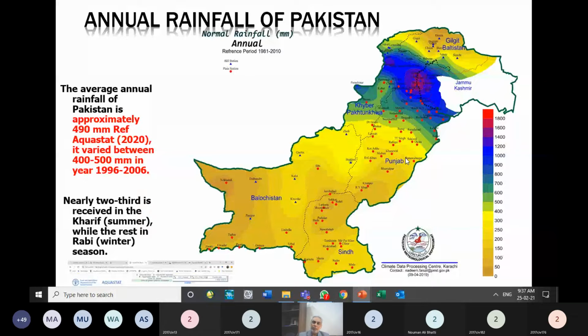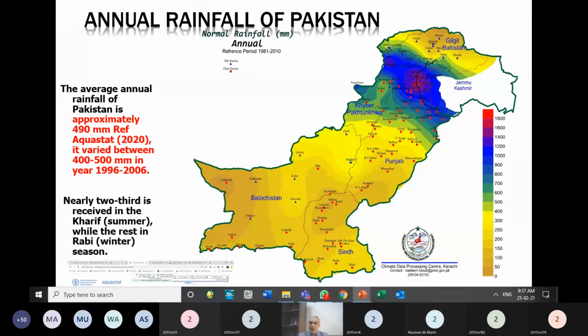People in the 19th century knew about it, so they provided huge canals in this area, Upper Bari Doab canals and other systems of canals. A triple canal system was constructed here, and this area was brought to cultivation.